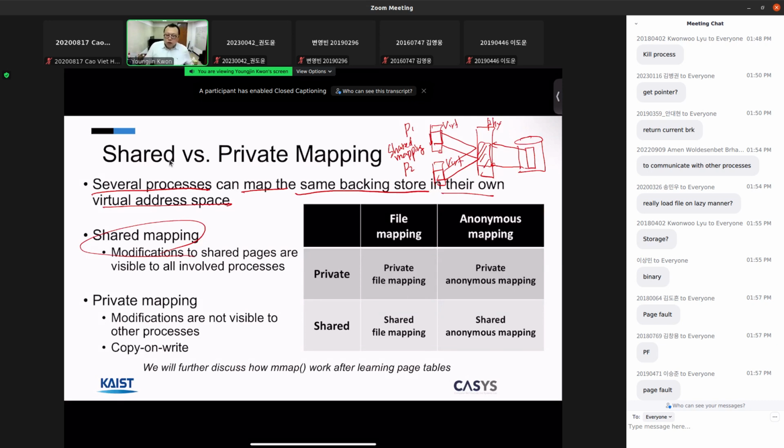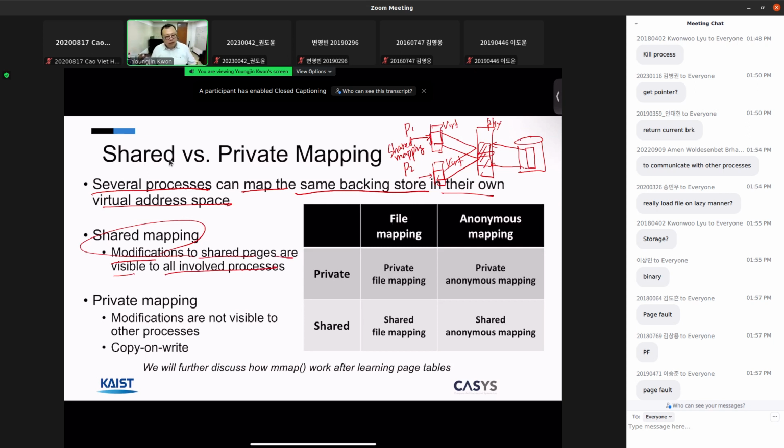Therefore, what is the semantic of shared mapping? When a process writes, the changes are applied to physical memory, and the modification is immediately visible to other processes. So modifications to shared pages are visible to all involved processes.